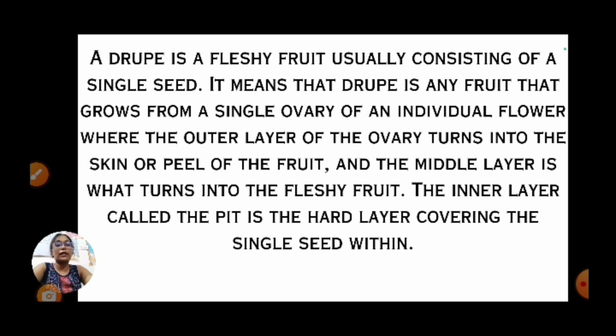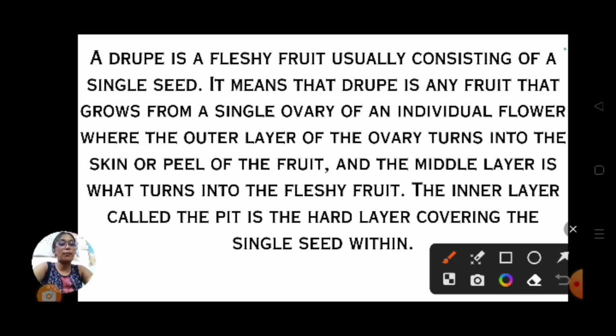Let's talk about the summary of a drupe. A drupe is a fleshy fruit, for example the mango. It is a fleshy fruit usually consisting of a single seed.